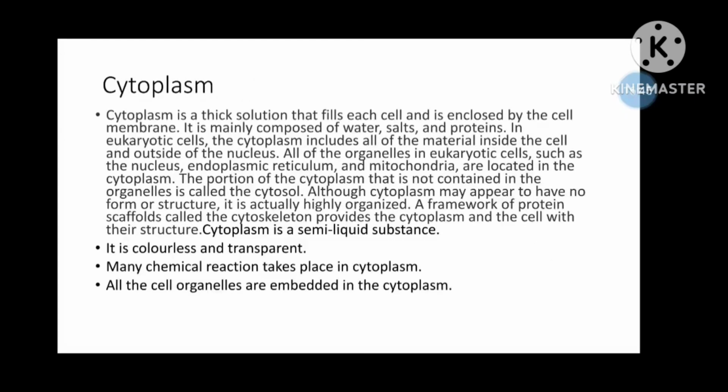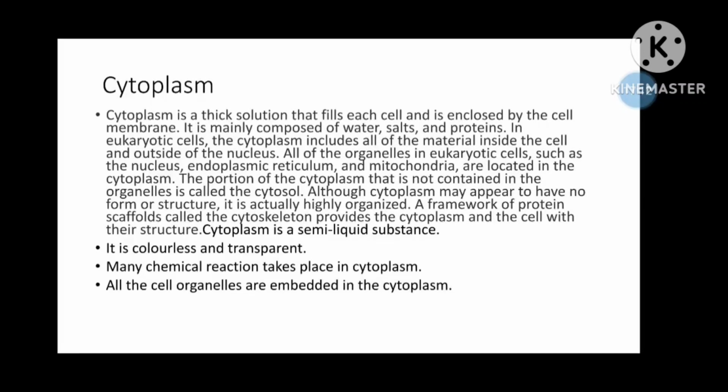Let's discuss the cytoplasm. Cytoplasm is a thick solution that fills each cell and is enclosed by the cell membrane. It is mainly composed of water, salt and protein. In eukaryotic cells, the cytoplasm includes all the material inside the cell and outside of the nucleus.